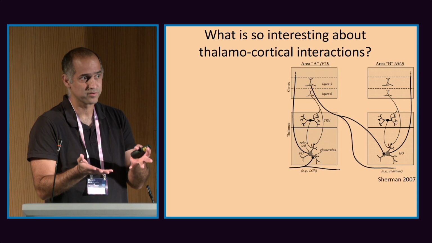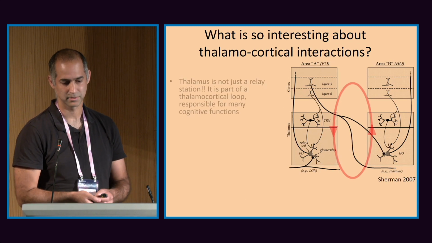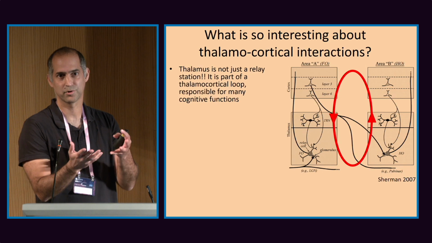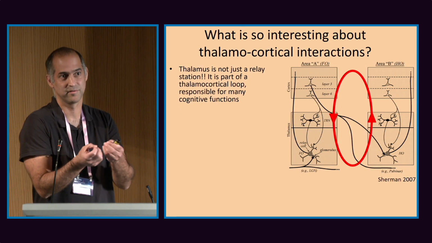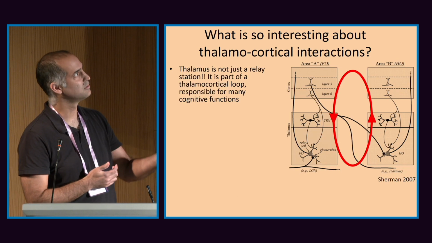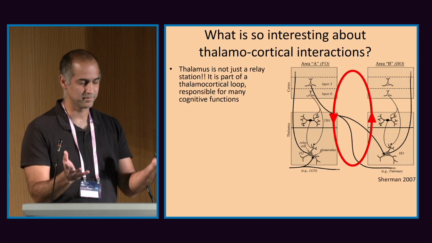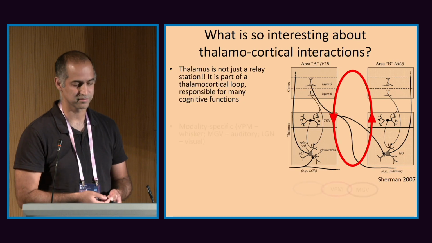So what's so interesting about thalamocortical interactions? We already know that thalamus is not just a relay station. There's actually a loop between thalamus and cortex that is thought to maintain many different cognitive functions.